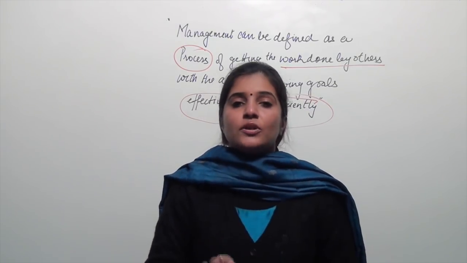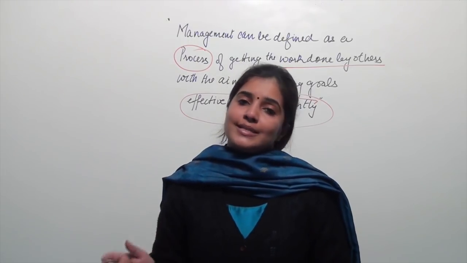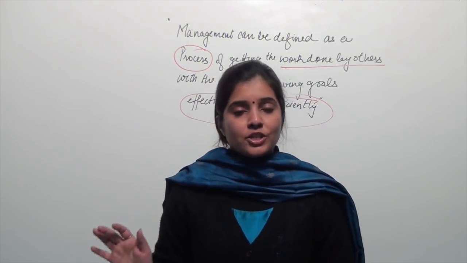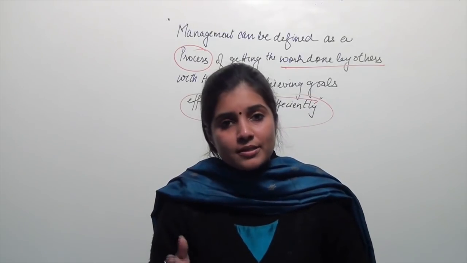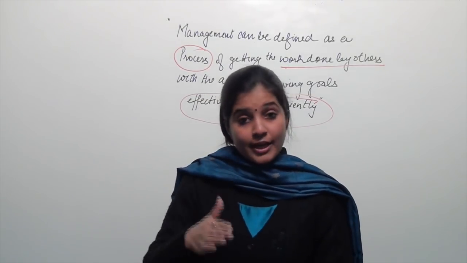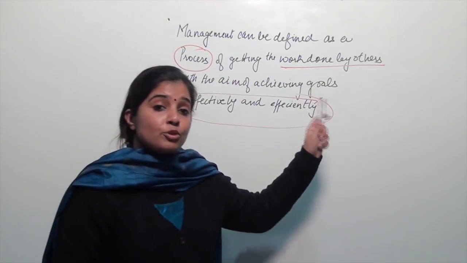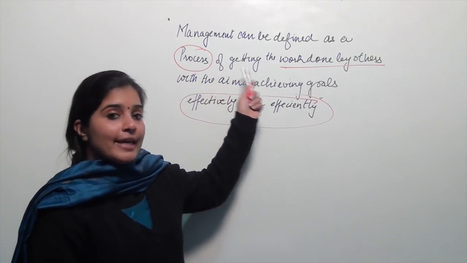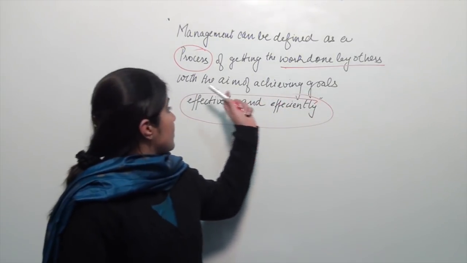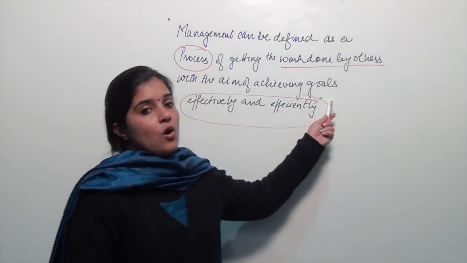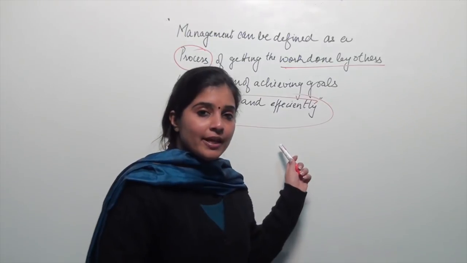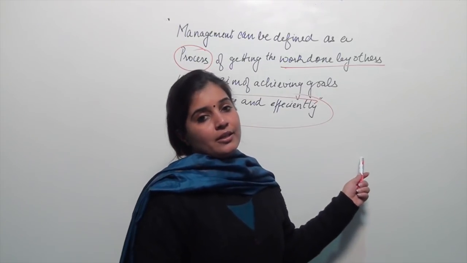Failing which, it is going to lose its essence. So therefore, again, I repeat that management can be defined as a process of getting the work done by others with the aim of achieving organizational goals effectively and efficiently.